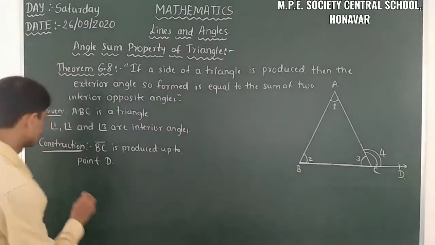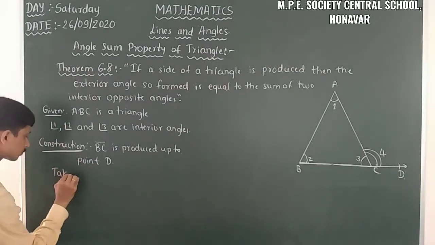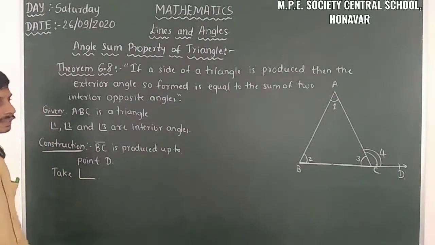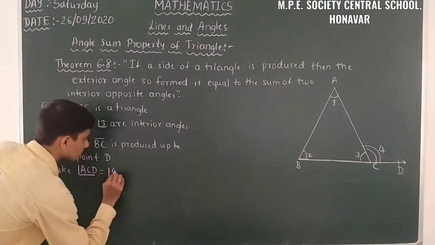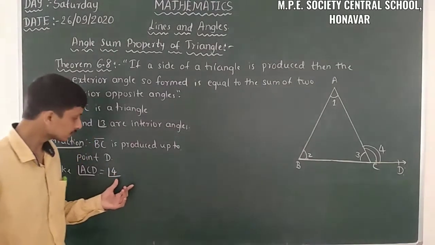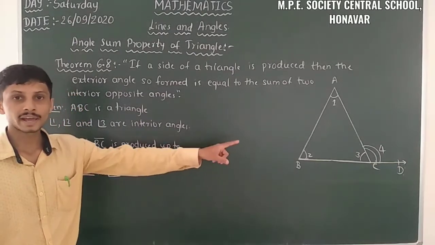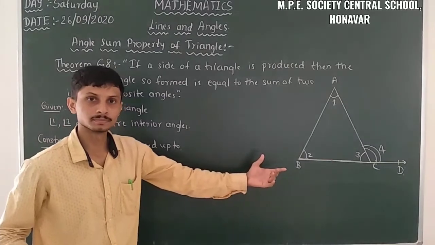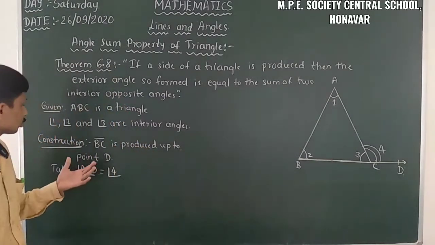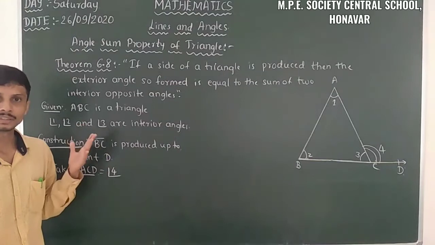So take angle ACD. ACD is angle 4. So here angle ACD is equal to angle 4, the only one exterior angle formed when a side is produced here. So this is about the construction we did here.